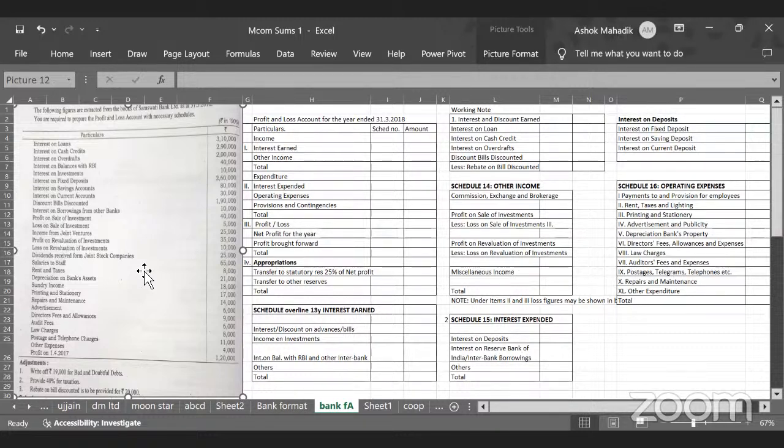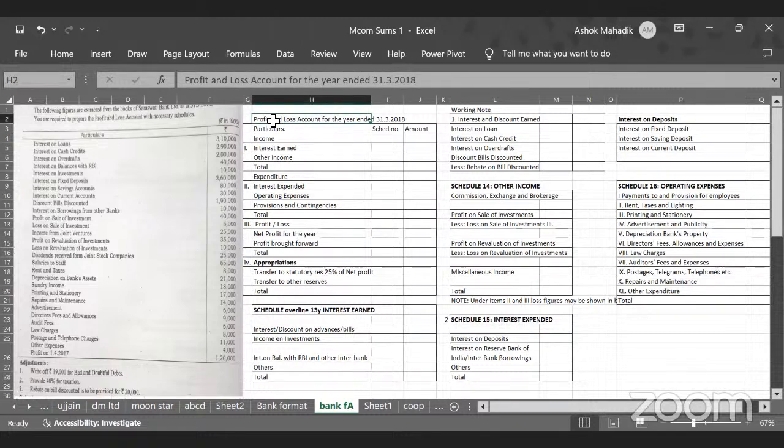Now again, one by one, I'll be discussing each and every item, and we'll be posting it in the given schedules. Now you can see, I'll just highlight the part. Here I have a P&L format. You can see the one which I have highlighted. This is the P&L.